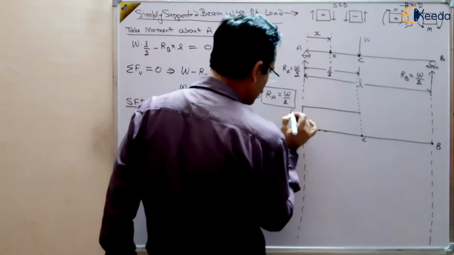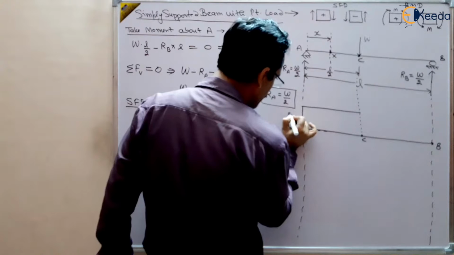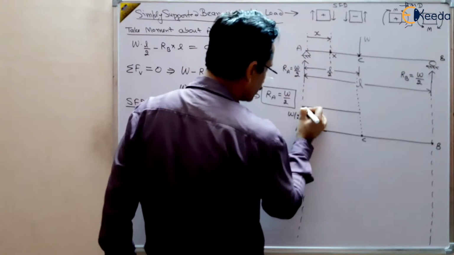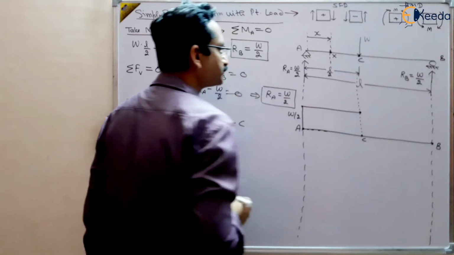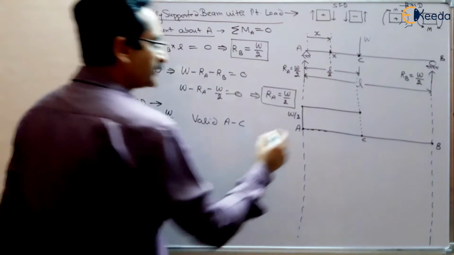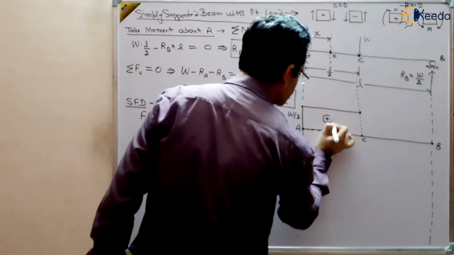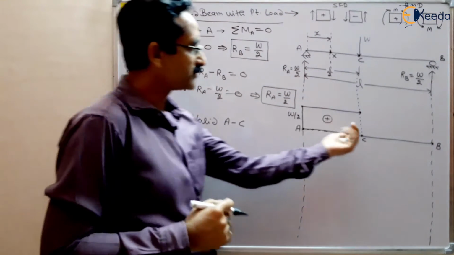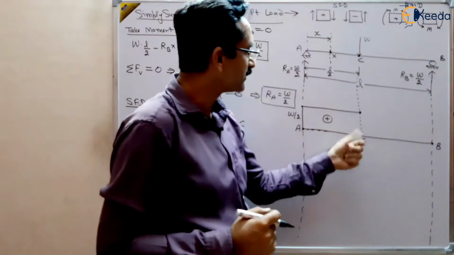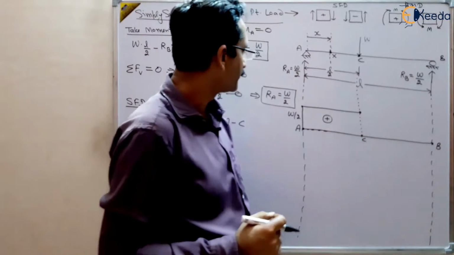So this is W by 2 from A to C, and this is positive in this part. So just before C, we have made this diagram, right?